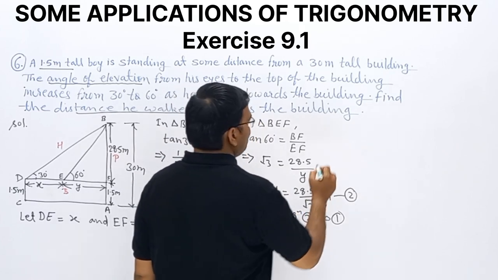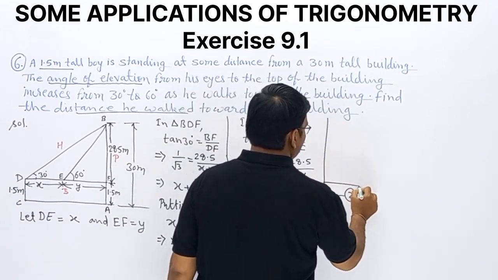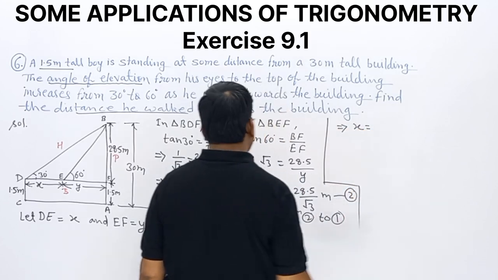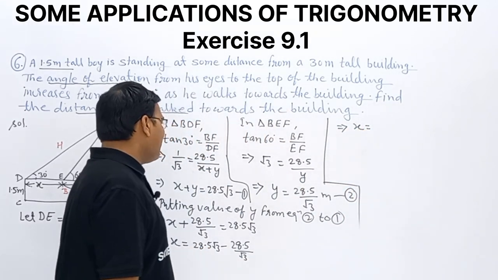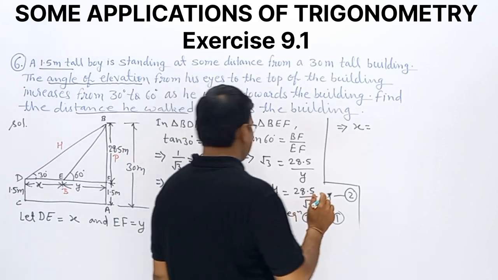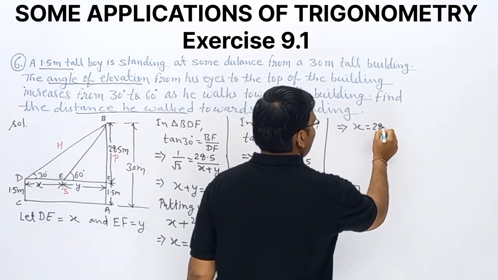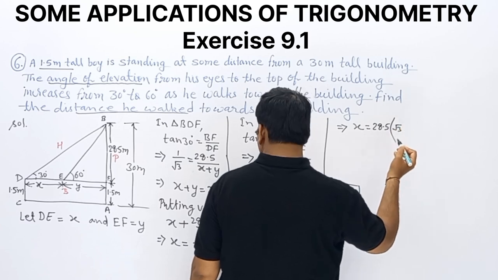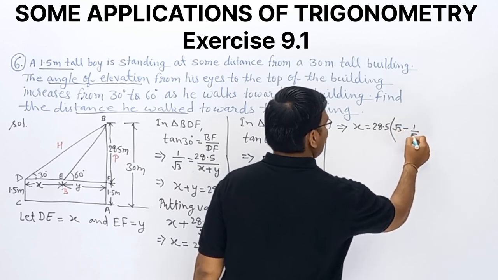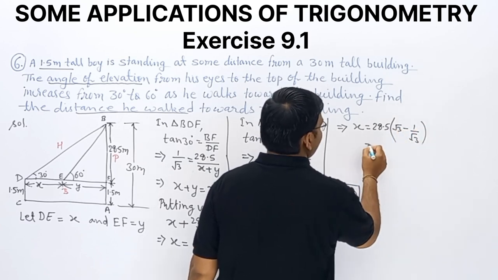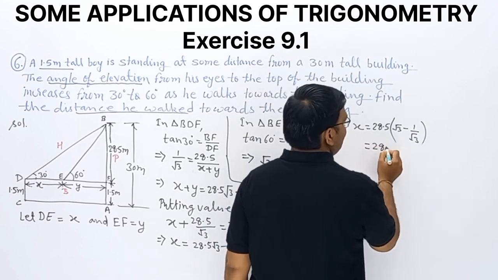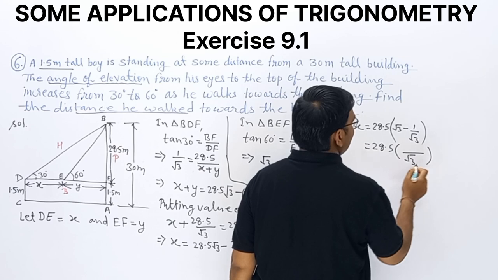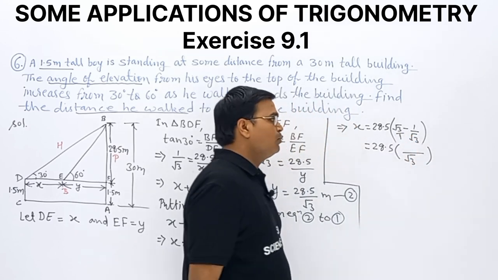Once we solve, what are we getting? Observe. X will be equal to 28.5, which is common in both terms. So we can say 28.5 into square root of 3, remaining is square root of 3 minus 1 upon square root of 3. Now take LCM. 28.5 into LCM, square root of 3, and its denominator part will be 1.